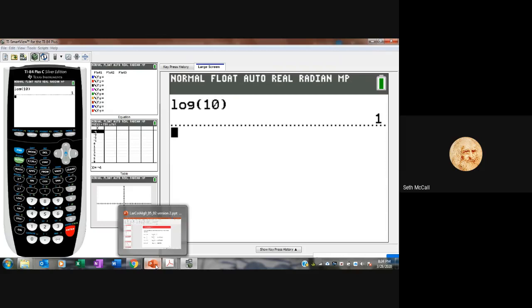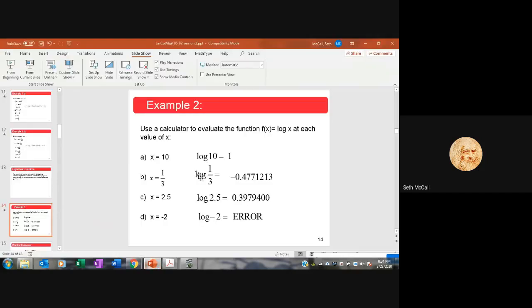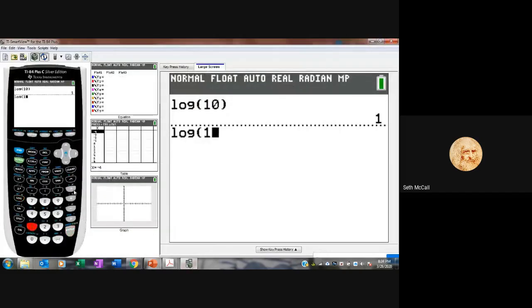The next problem wants us to substitute 1/3, so we're going to do log of 1/3. Once again, we're going to press the log key, 1 divided by 3, close out your parentheses, and hit enter. This time we get a negative decimal.